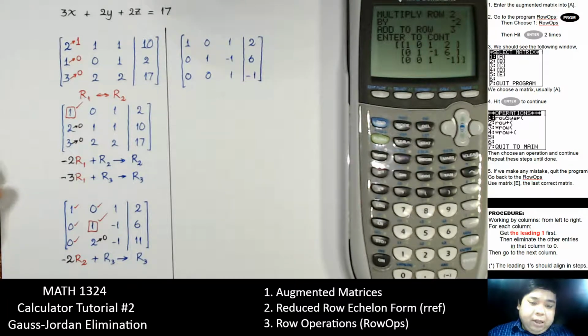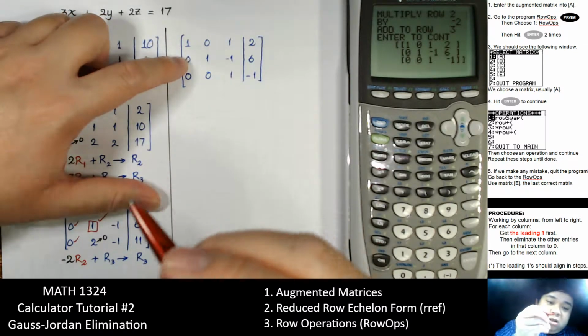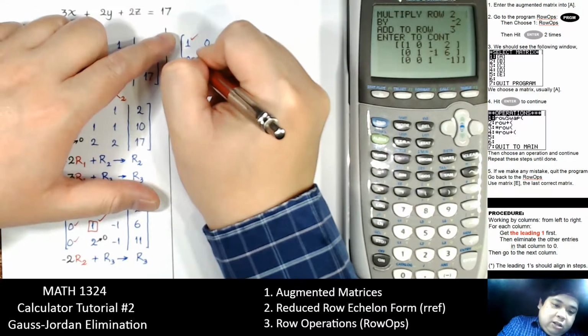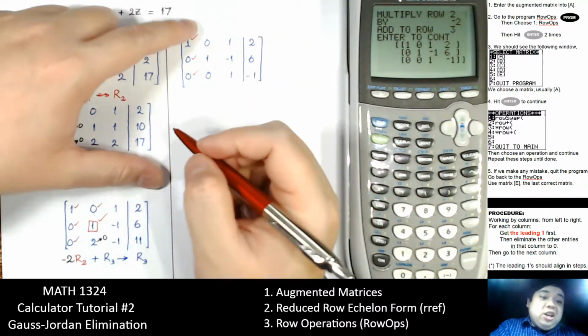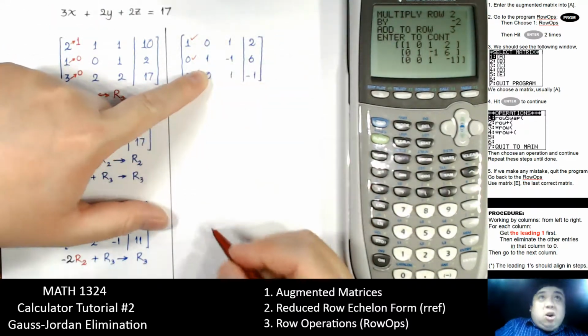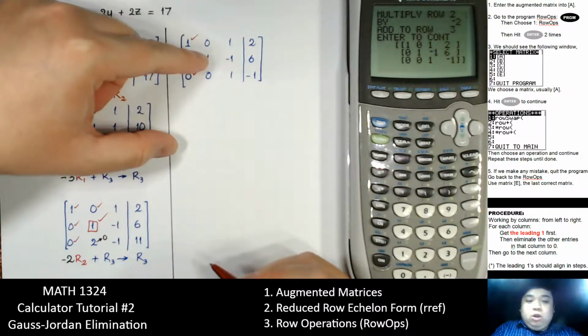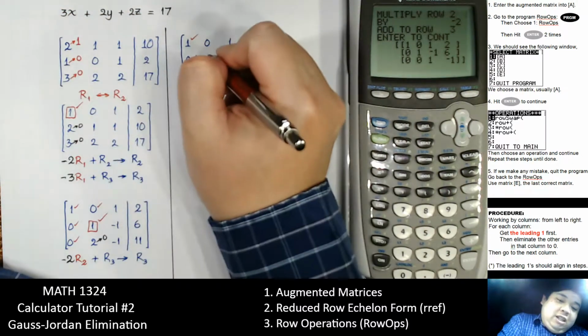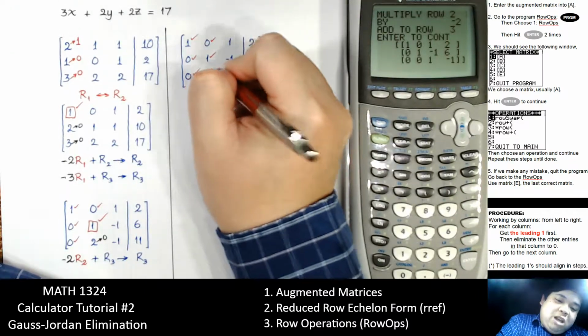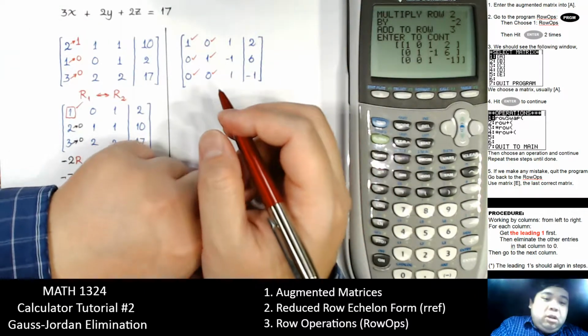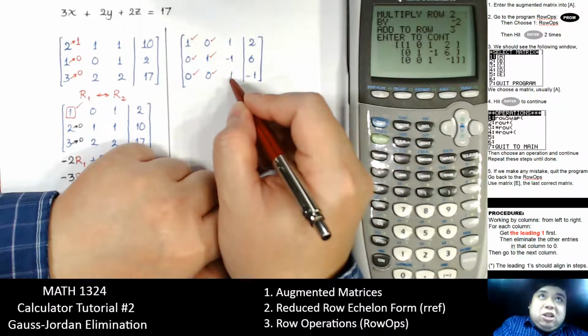Right. Now let's check. For the first column, 1 0 0, which is good. The next column, 1 and 0, which is good, and the 1 aligned in stepping down to the right, which is good. So that's good, that's good, that's good. So the first 2 columns are done. Now we go to the last column.